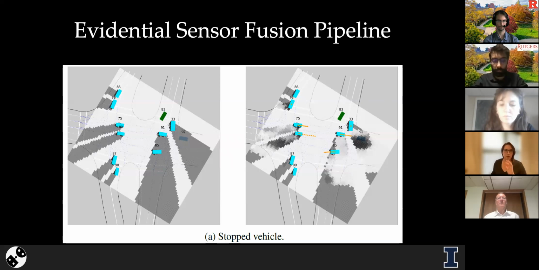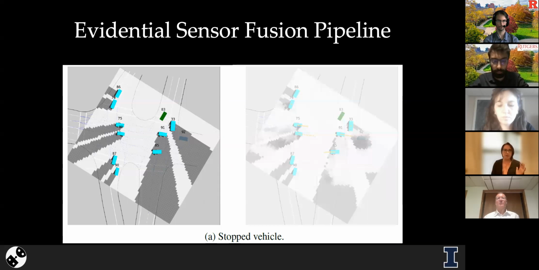So let's break this down a little bit. First, let's think about what this scenario is. We have our agent that is waiting to take this right turn. We have this agent here, which is waiting to cut across here. So we have this scenario where we could make a right turn, but we can't see that there is a hidden car here.